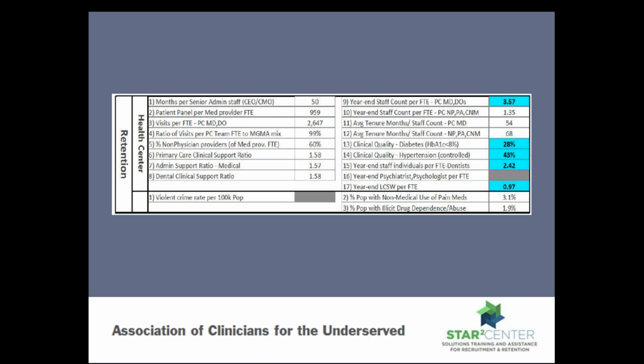You can also see here, retention health center number 15, we look at the number of dentists this health center has, and that's also flagging as potentially a challenge. So you can see some alignment between the service area and the health center data, and also how some of your flags are connected to maybe one problem.